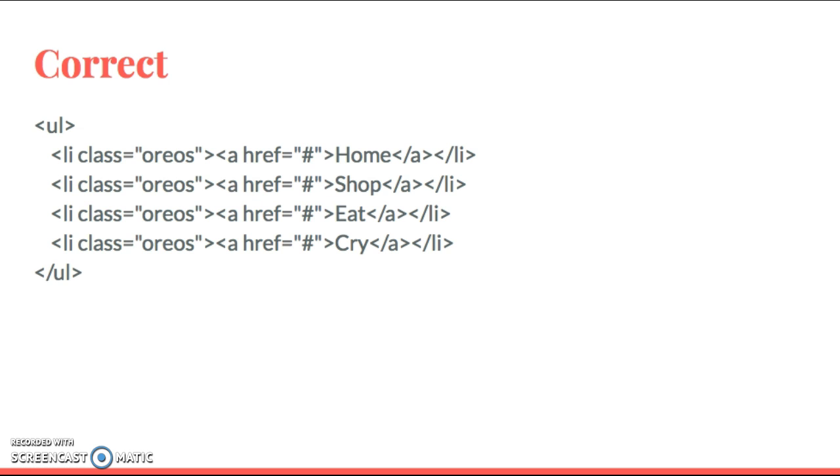One that is correct is if you're going to have a list, for example. In this list, my class is the Oreo class once again, and I can have it multiple times. All of these are going to be styled the exact same: the home link, the shop link, the eat, and the cry link.